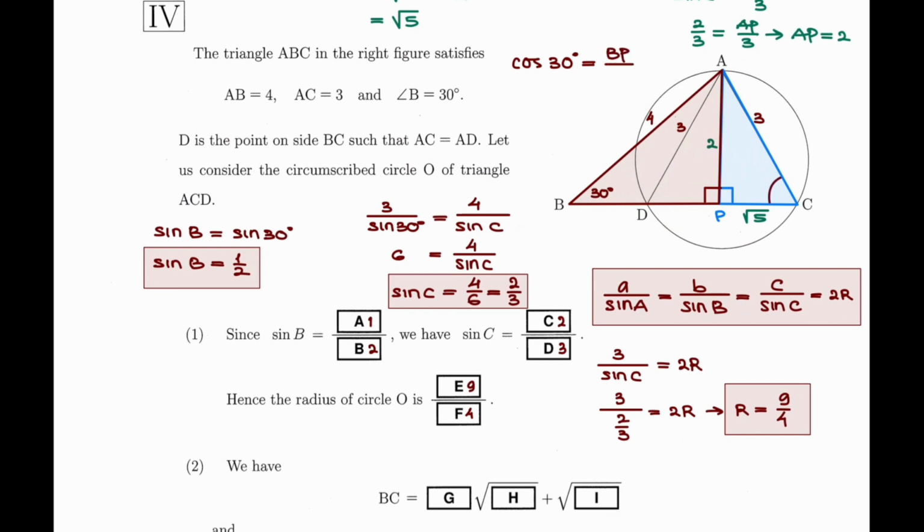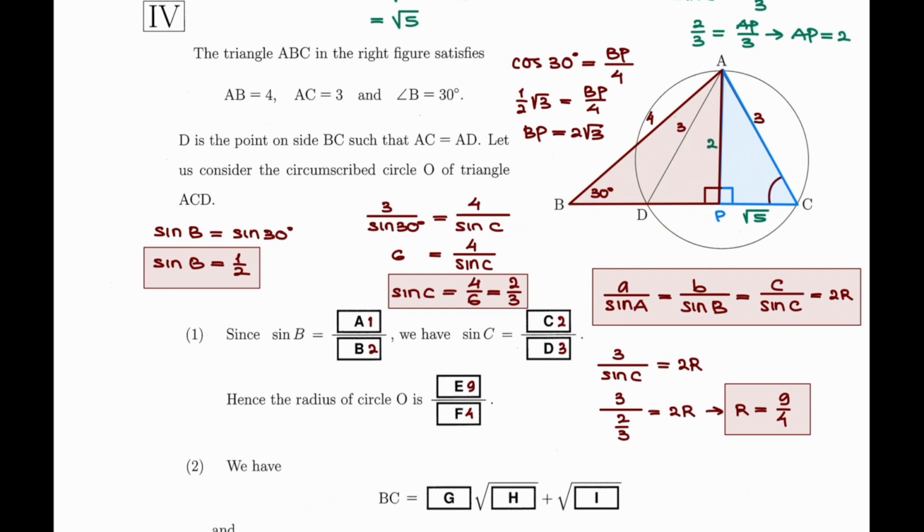The hypotenuse is AB, which is 4. Cosine 30 is equals to half square root of 3, which is equals to BP over 4. Therefore, BP is equals to 2 square root of 3.